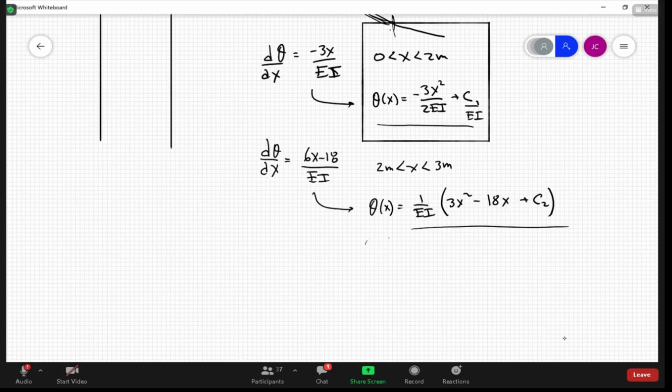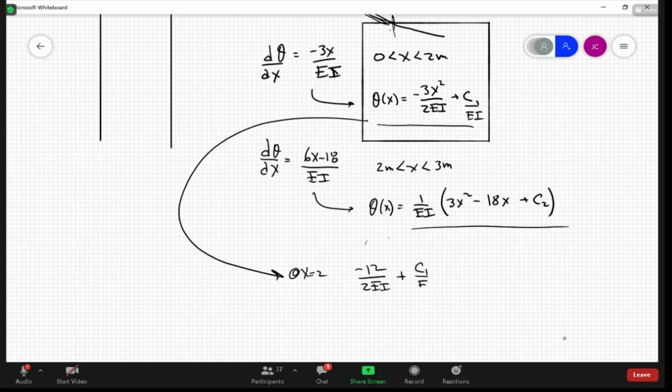So if we take this and solve it at x equal to 2, we get minus 6 times 4, minus 12 over 2EI plus C1 over EI.